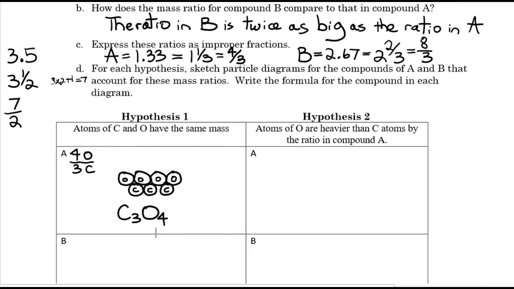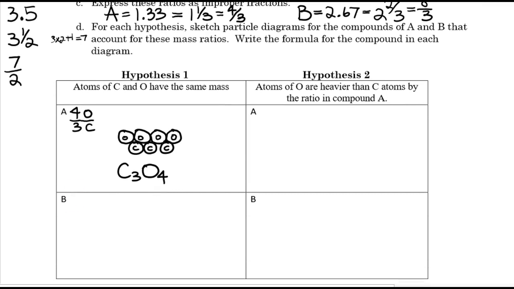Well, B, I had a ratio of 8/3, but again, what I'm really saying is 8 oxygens for every 3 carbons, because that's how I did the math, oxygen divided by carbon. Well, okay, I can draw that one. Maybe this time I'll do this.